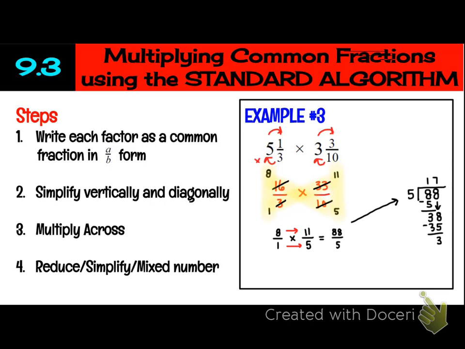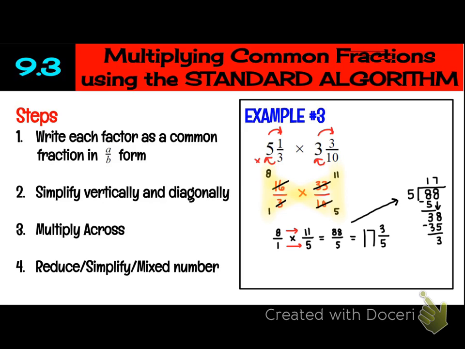Subtract, I get 3. No other numbers to bring down. So I see that my answer is it goes in 17 whole times with 3 left over, and we're dividing by 5. I should check my 3/5, make sure that there's nothing that goes into both 3 and 5, and there is not. So the final answer is 17 3/5.